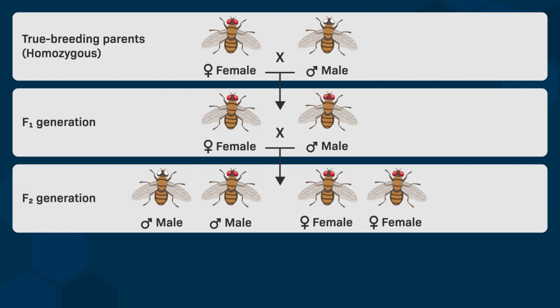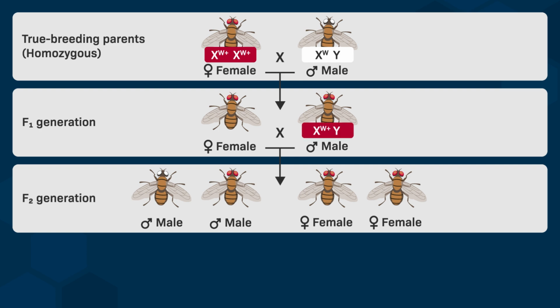The eye color gene is carried by the X chromosome, and red is dominant over white. Let's take a closer look at the assortment of eye color alleles in the two crosses. The true breeding female has red eyes, so it will have two copies of the red allele, denoted as W+, one on each X chromosome. The male only has a single X chromosome, so it has one copy of the allele that is responsible for white eyes, denoted as just W. In the F1 generation, there are two phenotypes.